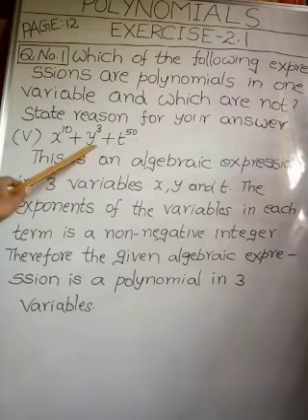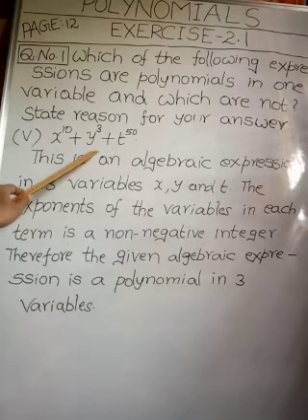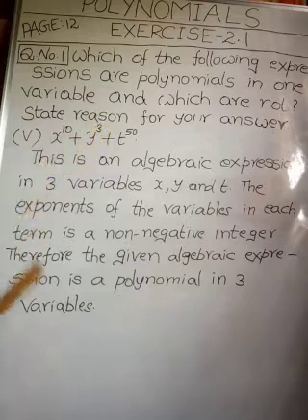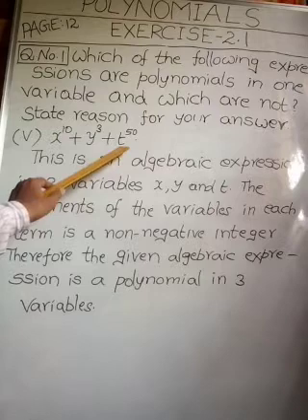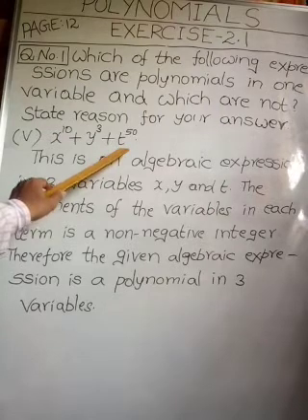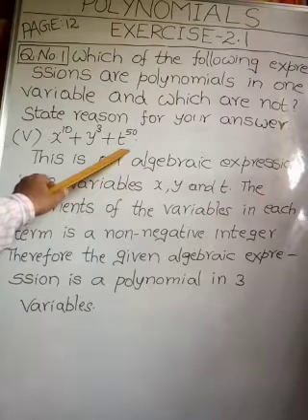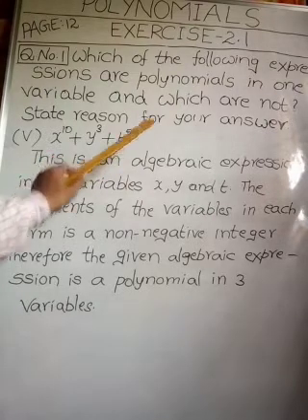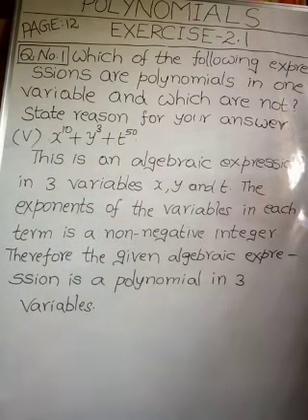Y. What is the exponent of y in this term? 3. It is also a non-negative integer. What is the third term? T power 50. What is the variable here? T. What is the exponent of the variable t here? 50. Is it a non-negative integer or not? Yes, it is also a non-negative integer.